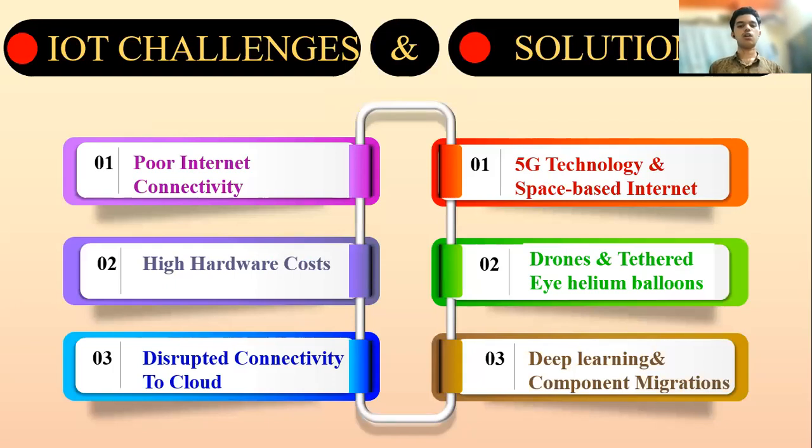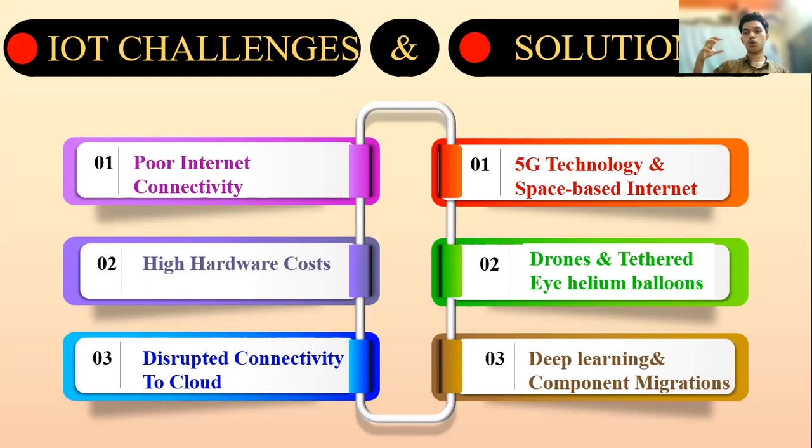And next is high hardware costs. In IoT, we use many sensors and hardware gadgets. This increases the cost of the product and the cost of that implementation. But using drones and tethered high helium balloons, it can be controlled. How? If you place a sensor at every particular area of the plant, it will cost more.